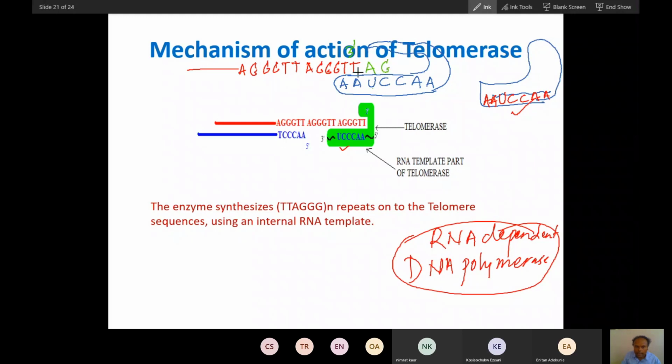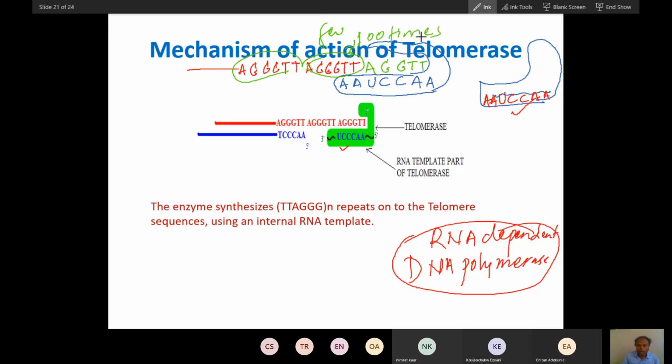Then G will be added here, with phosphodiester bond formation. G will be added, then T, T will be added like this. Again it will bind here, this AA will bind here, and again the same thing will happen. So telomerase will form this type of repeat, AGGTT. This type of repeat maybe 100 times, a few hundred times.